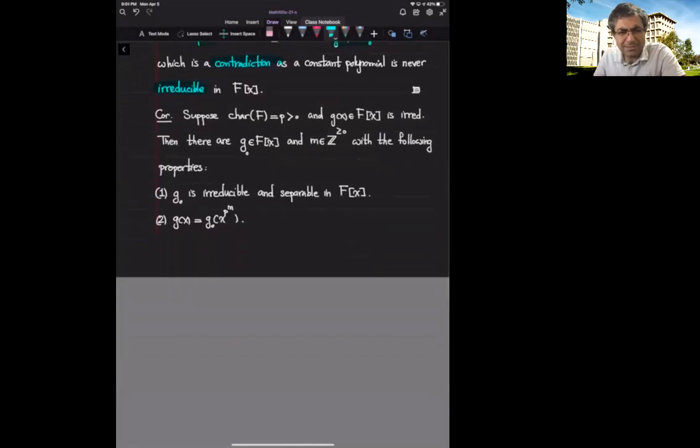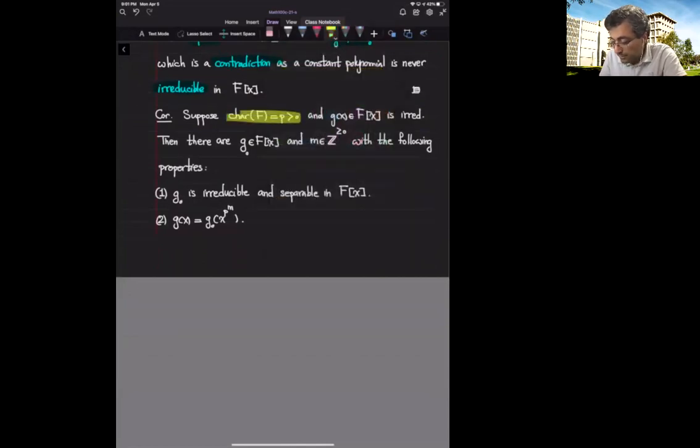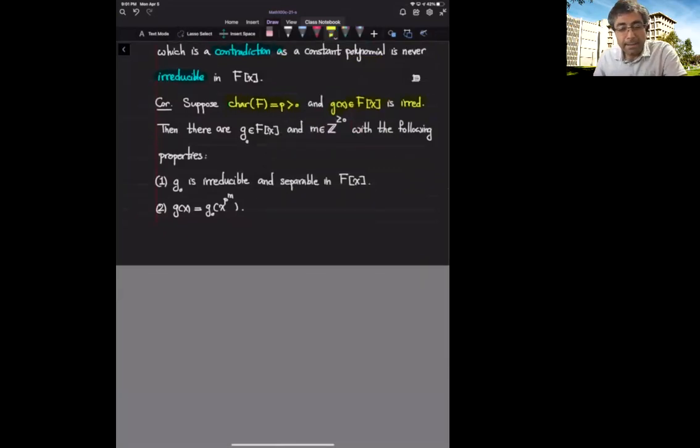But what happens when the characteristic is p, for a positive prime number p? So suppose the characteristic of the field F is a prime number p, and I give you some irreducible element in F[x]. What happens? Is it possible for this to not be separable?